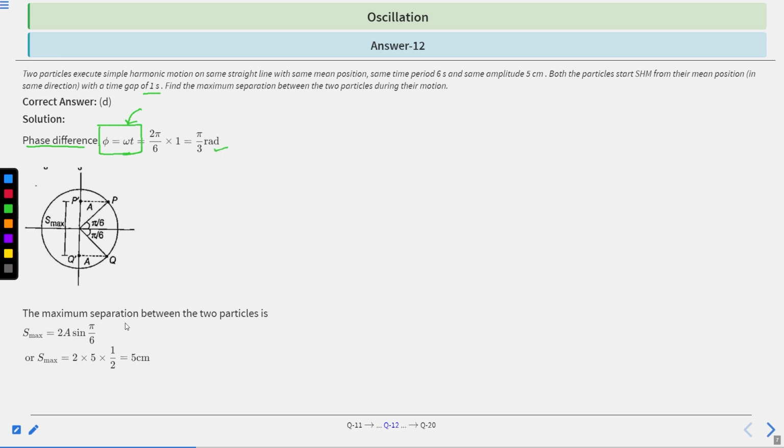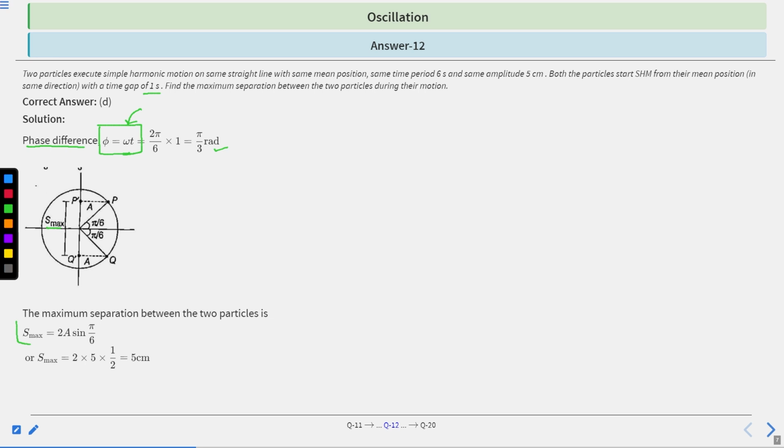Suppose the two particles are particle P and particle Q. The maximum separation between them is X max. So X max is equal to 2a sin(pi by 6).